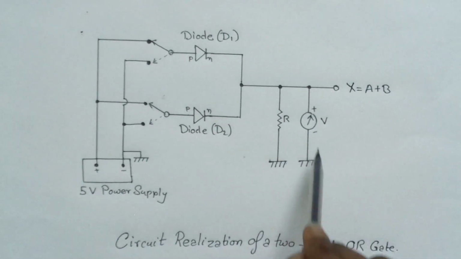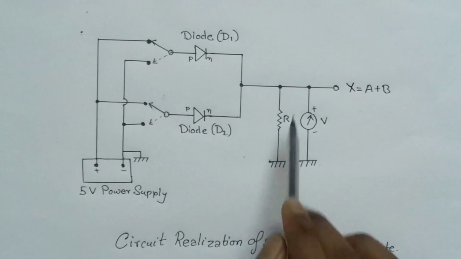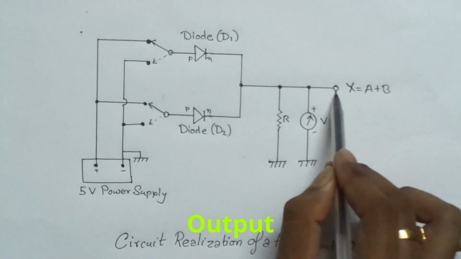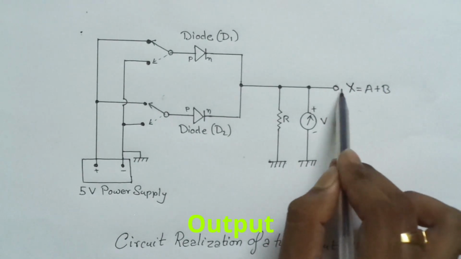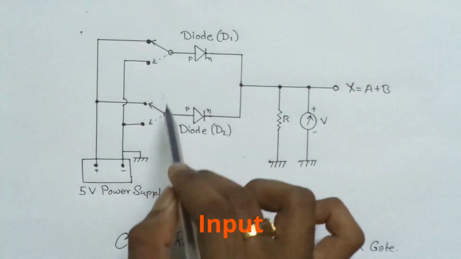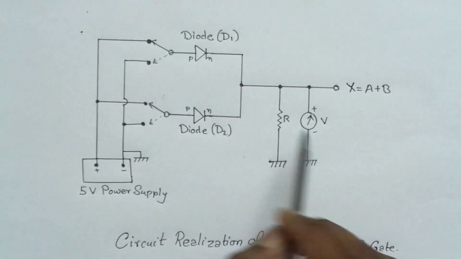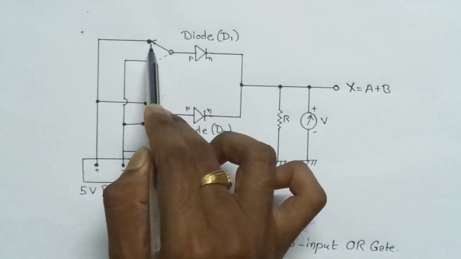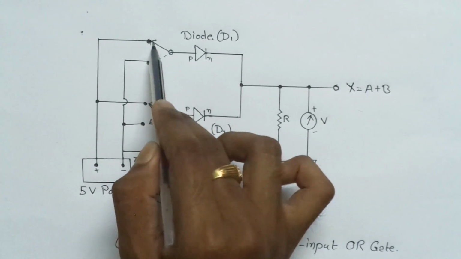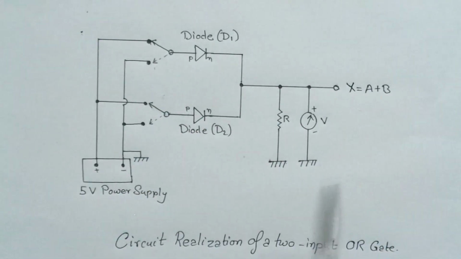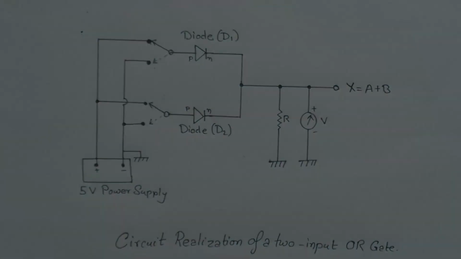Across the resistor we will measure the output. So this is the output terminal of the OR gate, and these two are the input terminals. At the input we can feed either a high digital signal, that is plus 5 volt, or a low digital signal, that is 0 volt. So this is the circuit and we will make it on our breadboard.